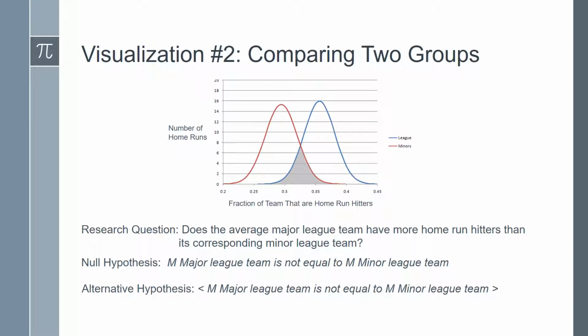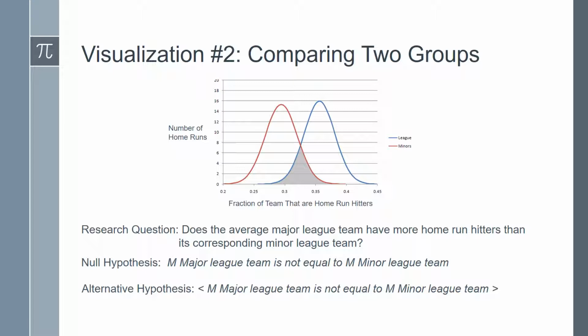Likewise, in this graph, on the y-axis you see the number of home runs, and on the x-axis the fraction of teams that are home run hitters. This compares two graphs. Both graphs are symmetrical, and their average for the number of home runs seems pretty much the same, but the fraction of teams that are home run hitters is different.